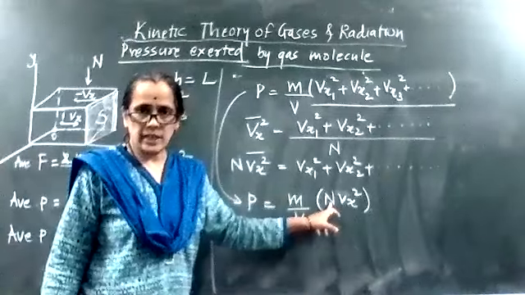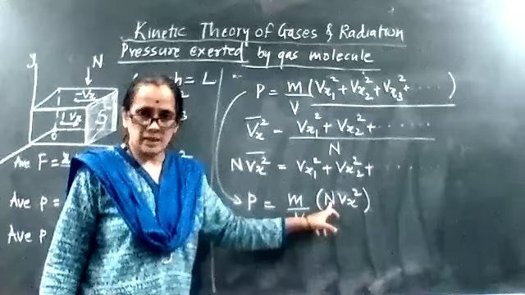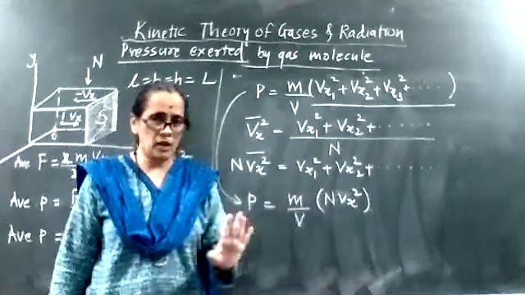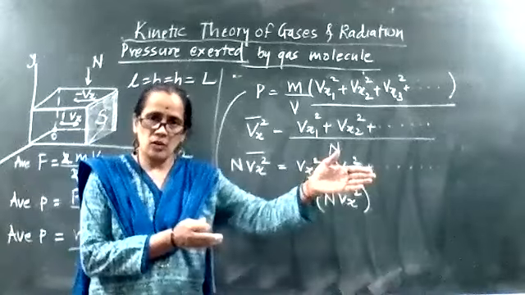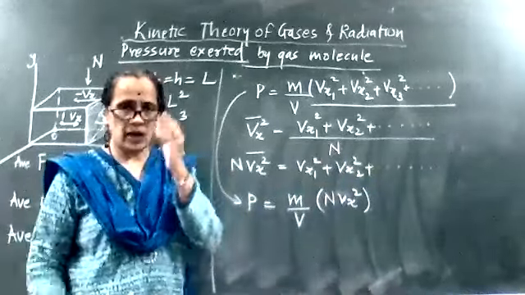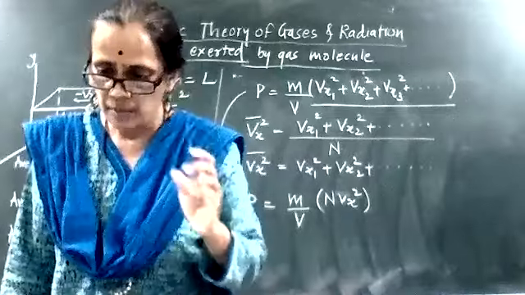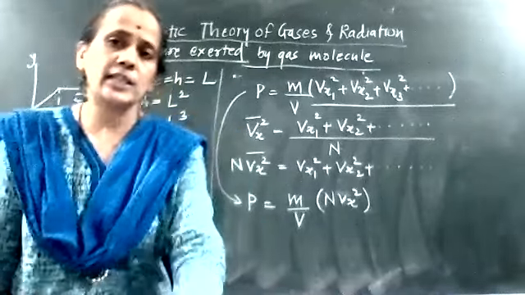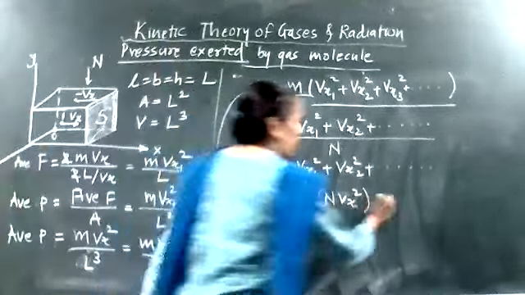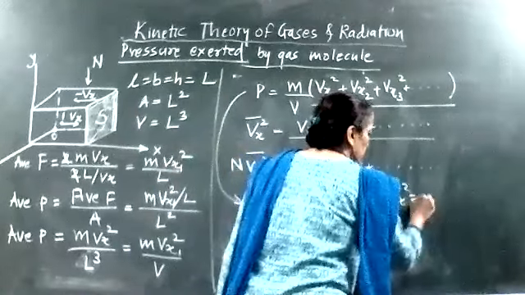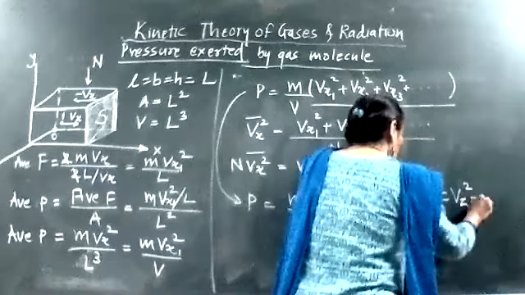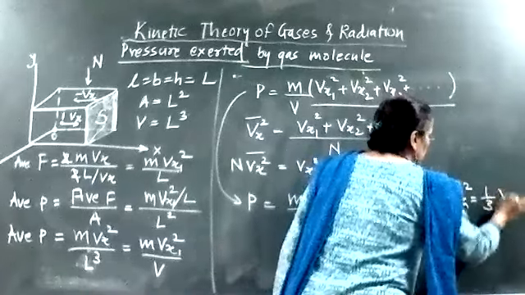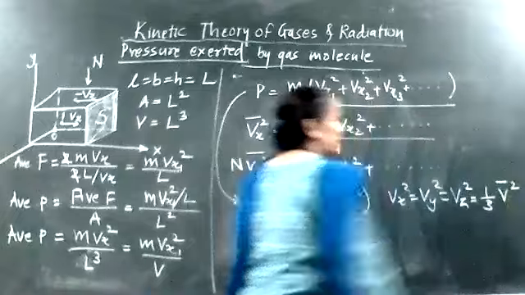Now, total molecules, how many am I considering? N. But all molecules are not traveling along the x-axis. Some molecules will travel along y, some along the z-axis. Means in short, Vx square is equal to Vy square is equal to Vz square, which is equal to 1 by 3 V bar square.